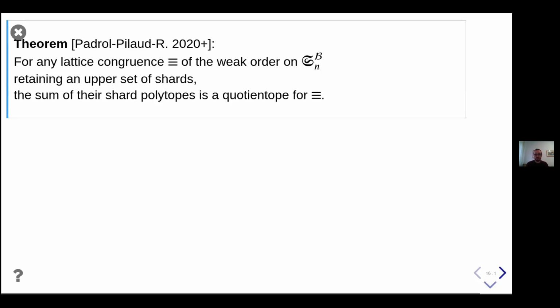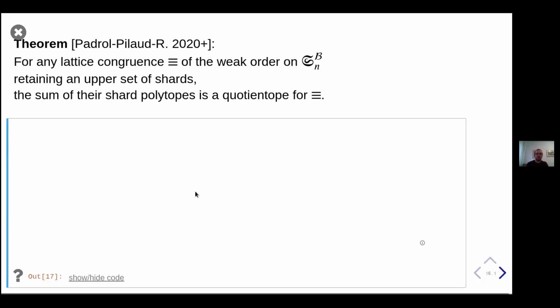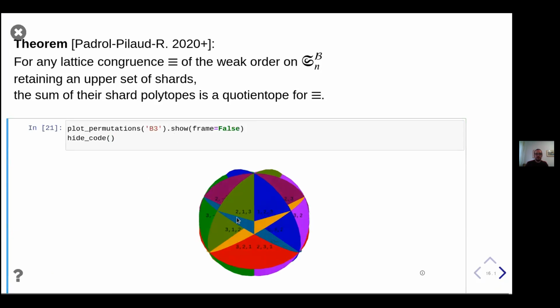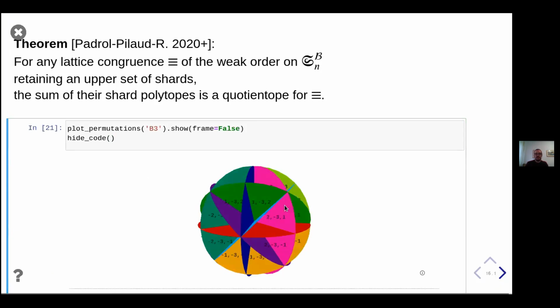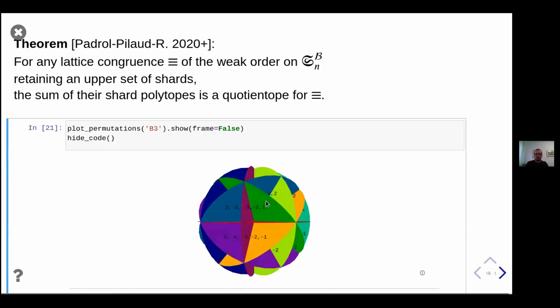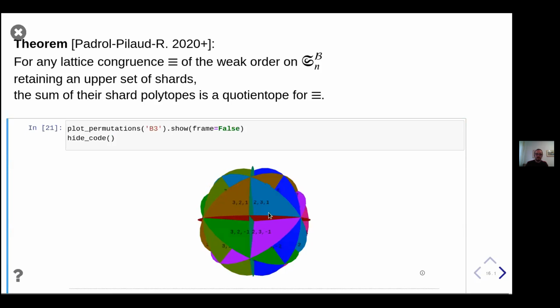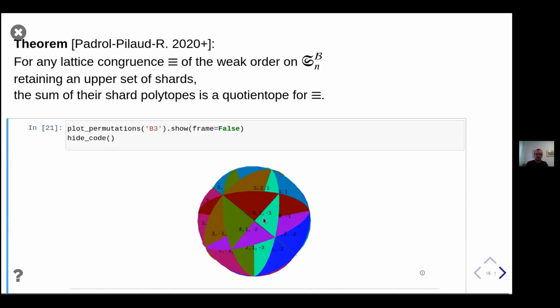The shards have a forcing relation. It's a little bit more complicated, but it works out. And for each of those shards, we were able to construct shard polytopes. There again, they're a little bit more complicated, but they work out. So whenever we have a lattice congruence on the lattice of regions of that arrangement that retains a certain upper set of shards, then we can again just sum up the shard polytopes for all the shards in that upper set and obtain a quotient hope for that congruence on the type B Coxeter arrangement, where the regions are not labeled by standard permutations anymore, but by signed permutations.